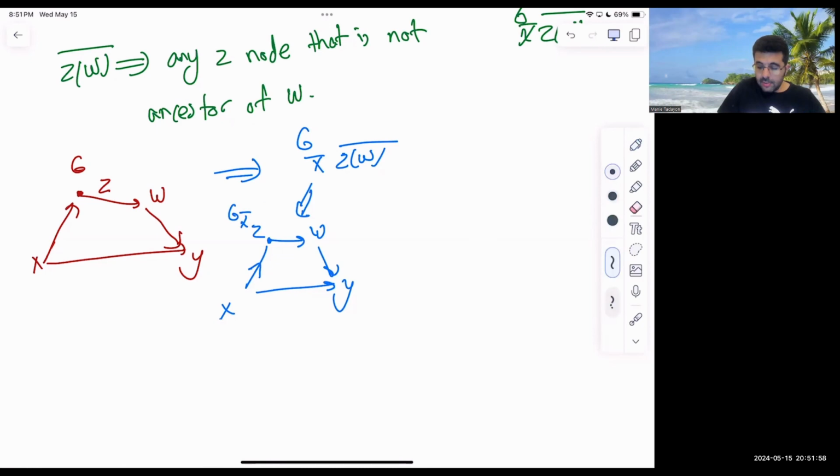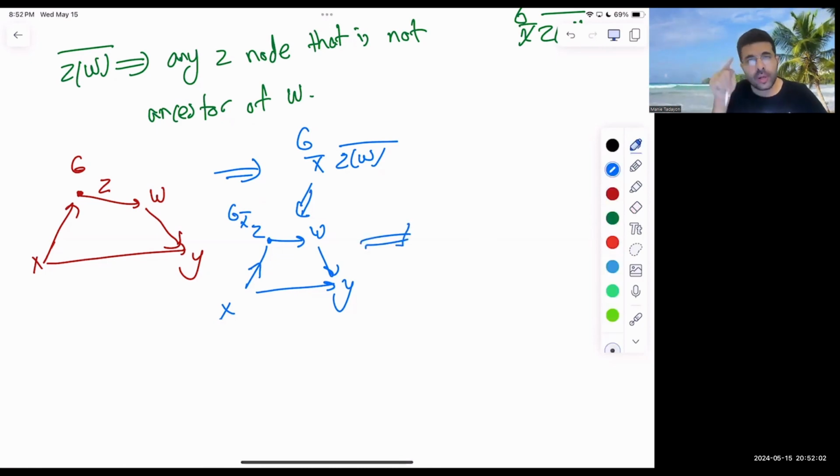Then step number 2, go ahead and remove any arrow that's going to the Z as long as Z is not an ancestor of W. Is Z an ancestor of W? Yes, Z is a parent of W. So do not remove the arrow that's going to the Z. If Z is not an ancestor of W, go ahead and remove the arrow that's going into the Z. So this graph actually remains like itself.